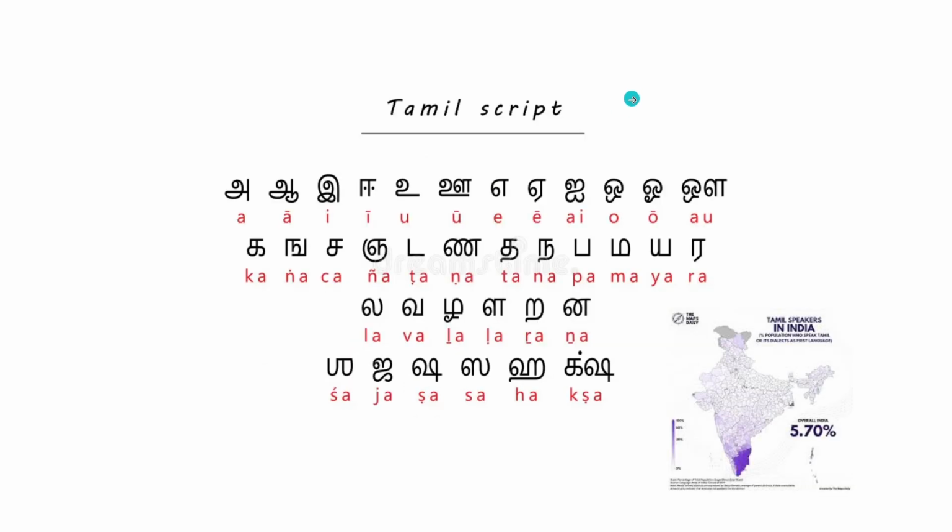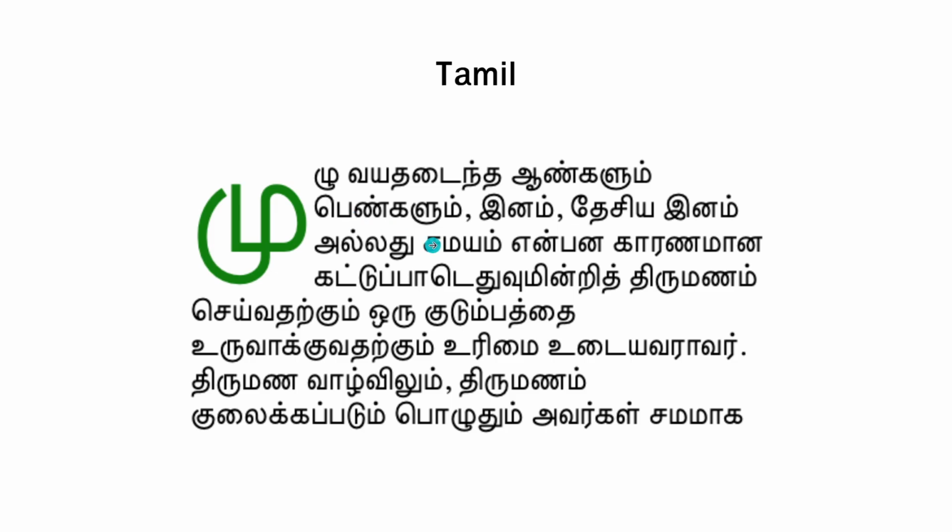Move on. The next one is the Tamil script, spoken in Tamil Nadu as well as Sri Lanka. So this language is not like the northern languages I mentioned so far. It's got these beautiful lines, but I'll show you the biggest clue.